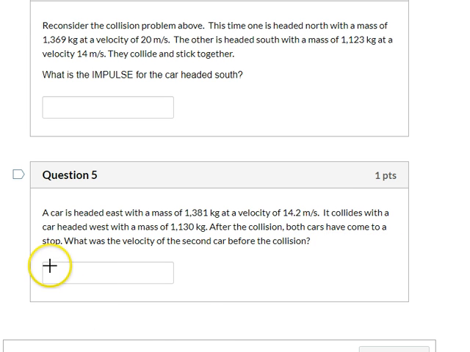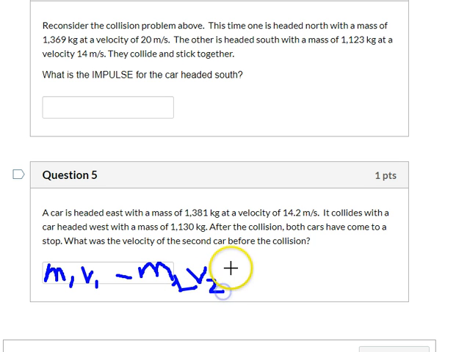Momentum is conserved. So momentum before the collision, M1 V1, they're headed in opposite directions, so again we've got a minus sign there, M2 V2, equals what? What's their momentum afterwards? Momentum is a conserved quantity, the same before and after.